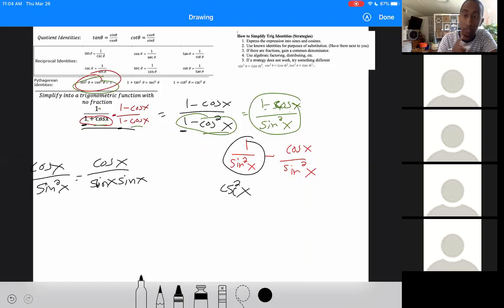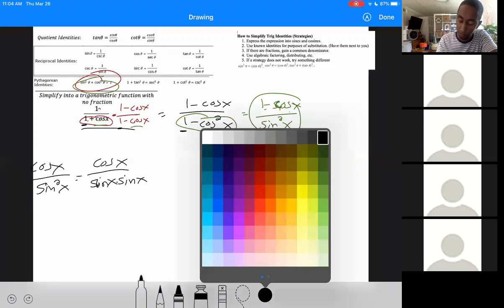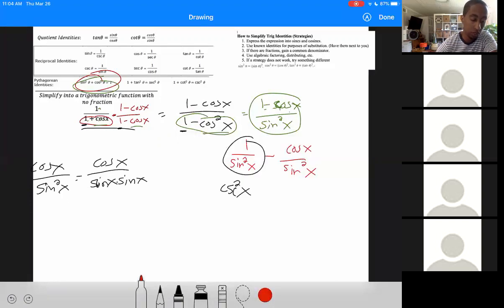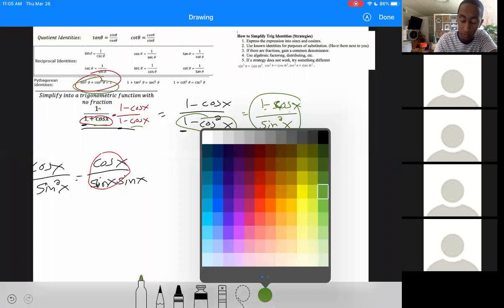So what we can do there in this case, because there's not a plus sign separating them here, we can divide them each to get rid of the fraction. Okay. So cosine of x divided by sine of x is what? Cotangent. Mm-hmm.